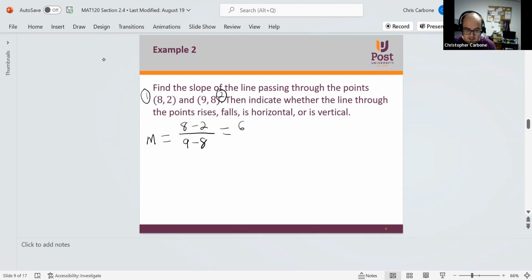This would give us 6 divided by 1, a slope of 6, which is indeed greater than 0. So because of that, the line is going to rise from left to right.